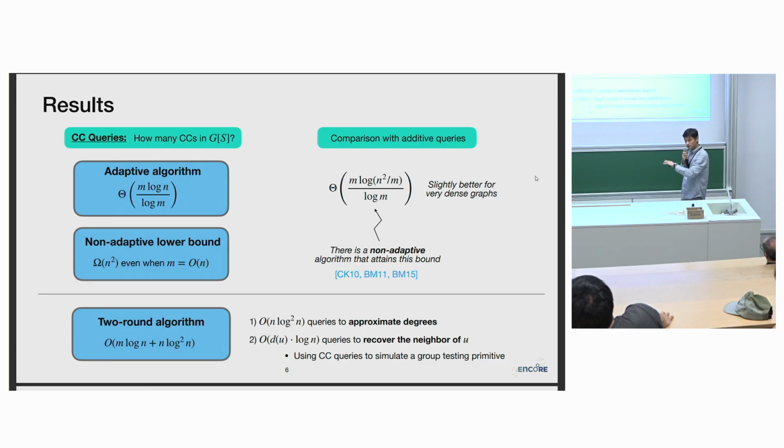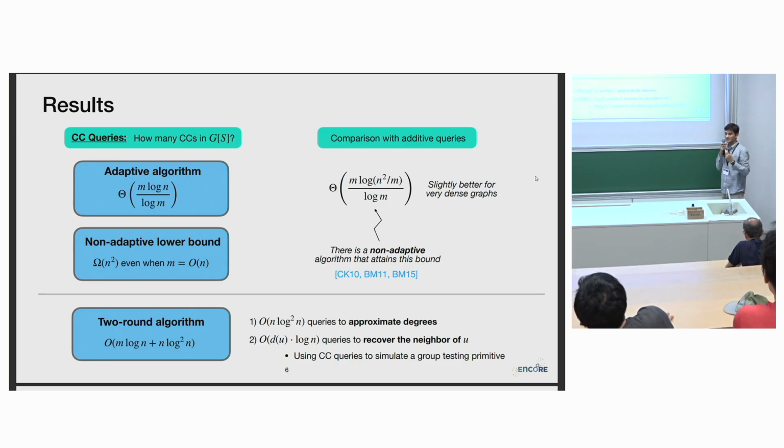estimated. Once you know the degree of every vertex, you can use these connected component queries to simulate something called an OR query, or a group testing primitive. In a group testing primitive, you want to recover a subset of some universe, and you can query with another subset, any arbitrary subset, and it will tell you whether there is an intersection or not.